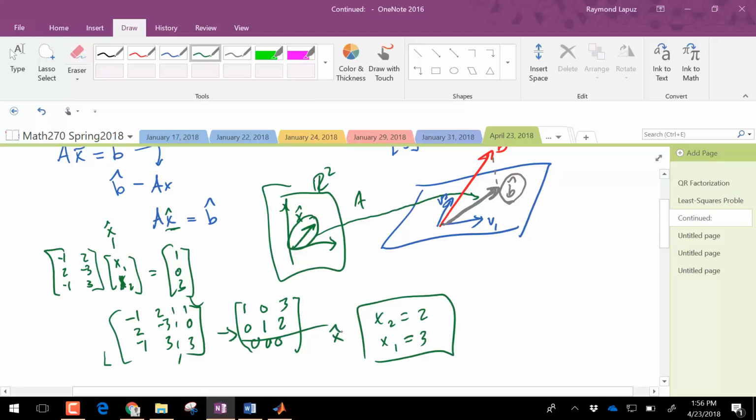Well, we can say x hat is this, or actually even better, x hat is equal to (3, 2).